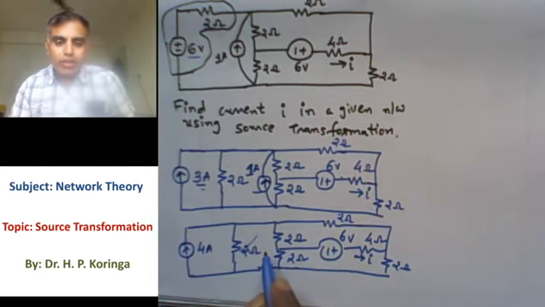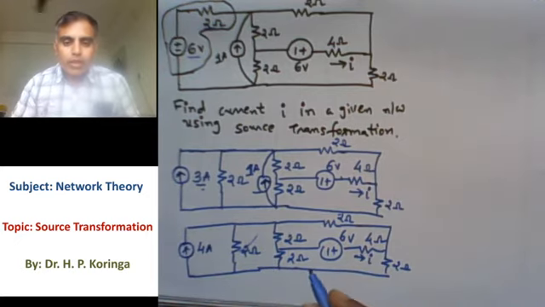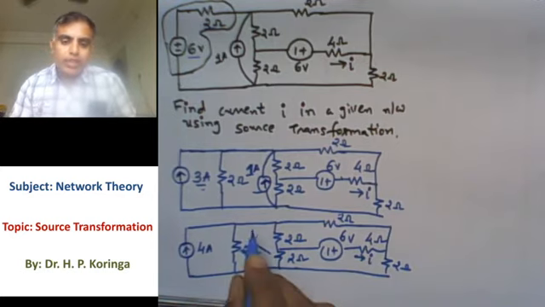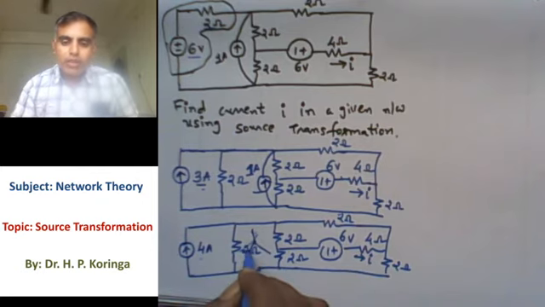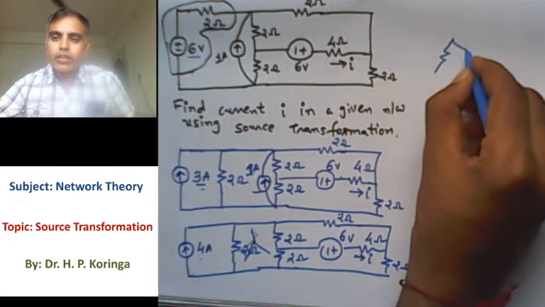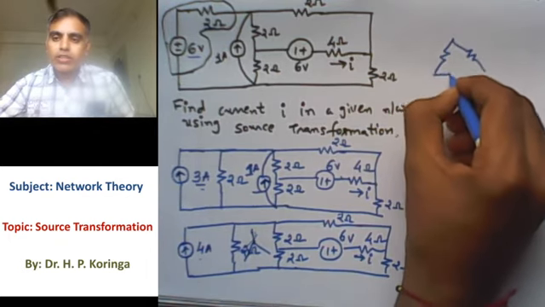If we convert this delta into a star, then this 2 ohm comes in parallel with the 4 ampere, and the network can be simplified further, right? So let's convert these 2 ohm, 2 ohm, 2 ohm connected in delta connection into star.